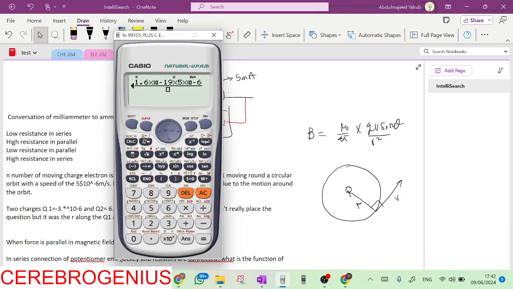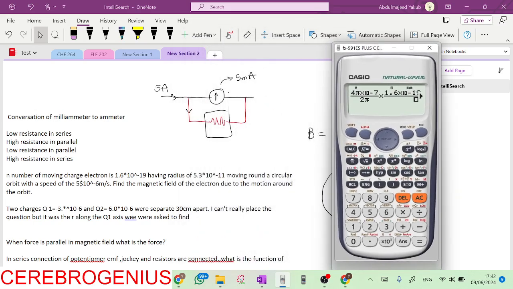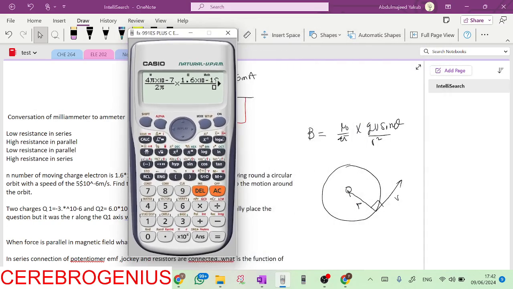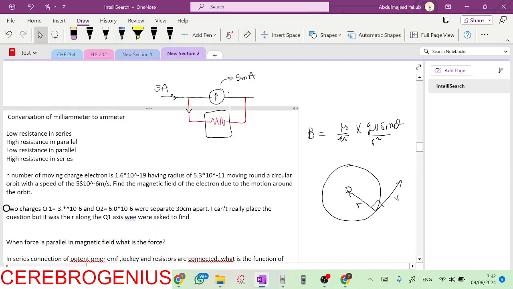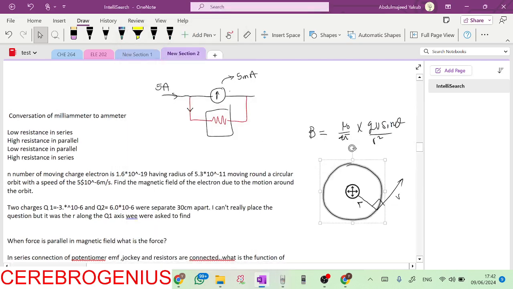Then sine 90 is 1, over r squared. Now the radius of the path is 5.3 times 10 to the power minus 11. So you have 3.01 times 10 to the power minus 21. That's a very small value, actually. That should be the solution to that.